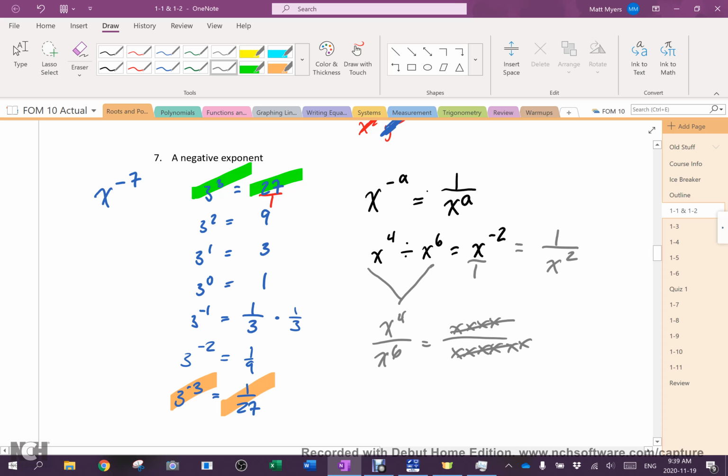Cancel them out, and they've all become 1s, yes? So what's left on the top? 1, because it's 1 times 1 times 1 times 1 times 1, which is 1, over what's left on the bottom? X squared. See? Does everybody see how this comes together?